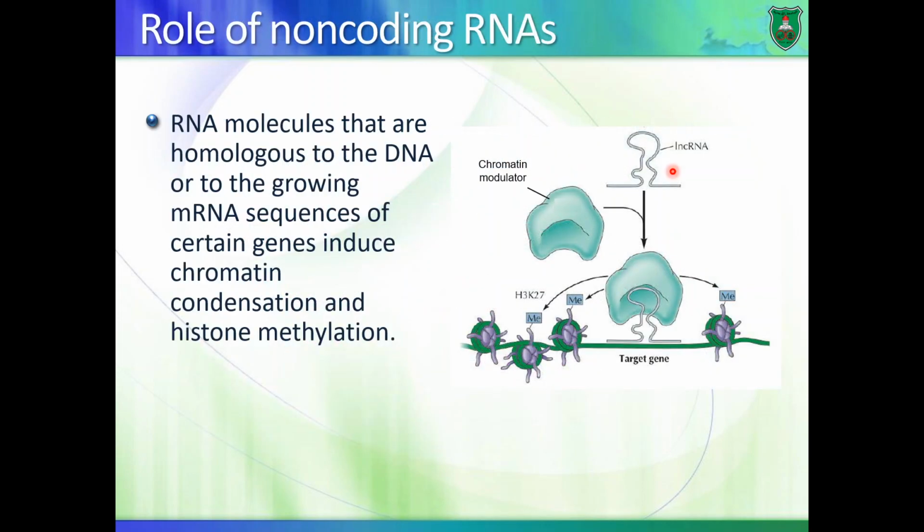Okay, now how about non-coding RNA molecules? Well, I'll give you an example because we don't know much about these non-coding RNA molecules. But what they do is that you have this RNA, and it can anneal, it can hybridize to a certain sequence of DNA that is complementary to the non-coding RNA. Now, remember how we said that RNA molecules can fold, they can have a structure that is unique for themselves.